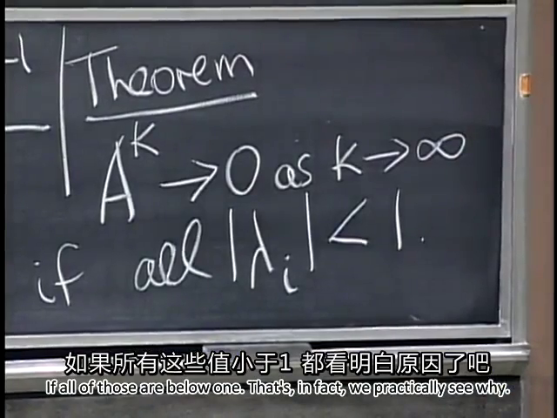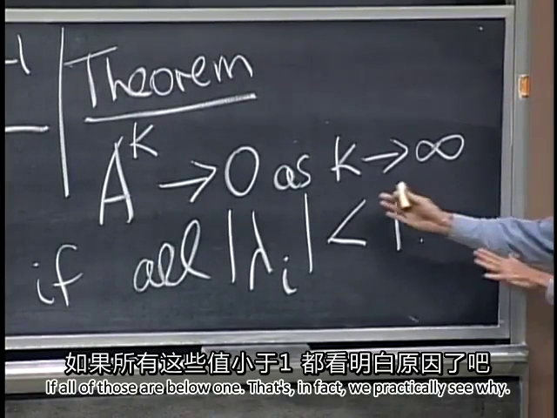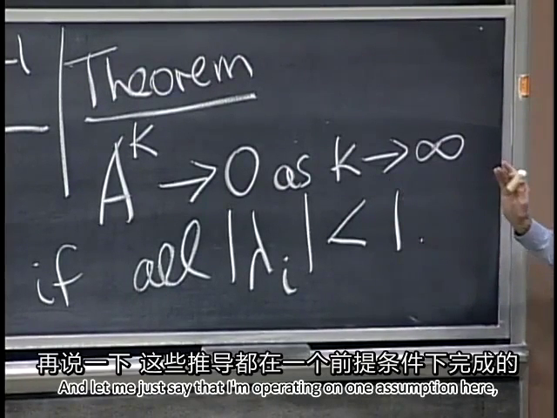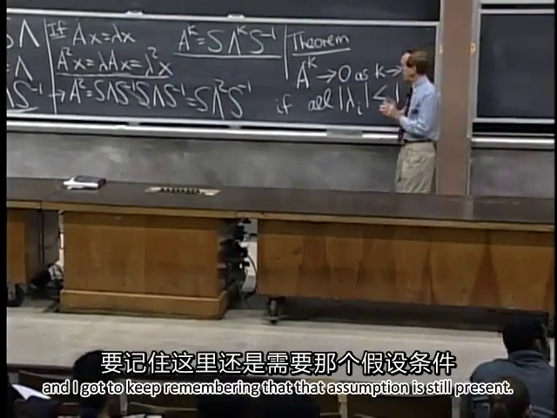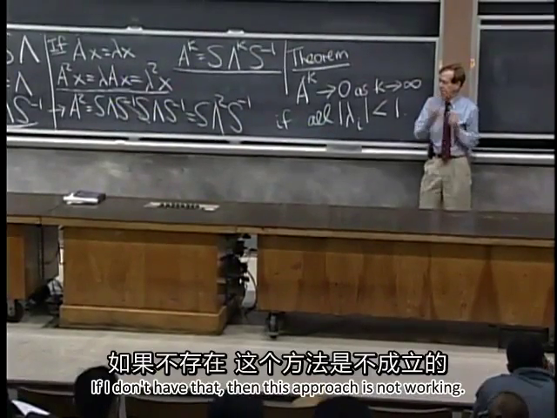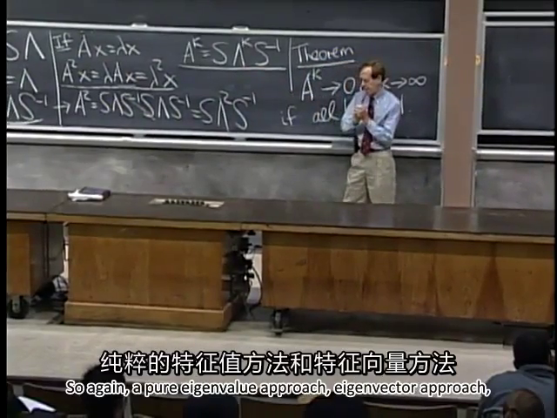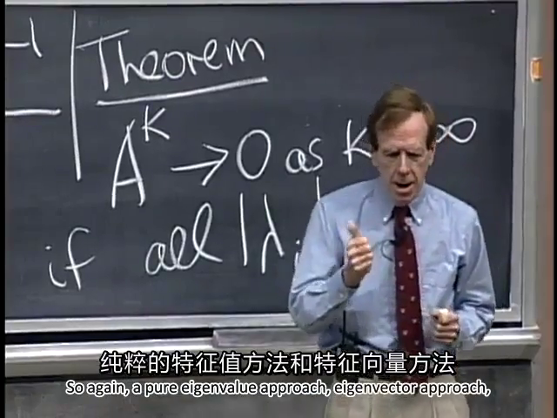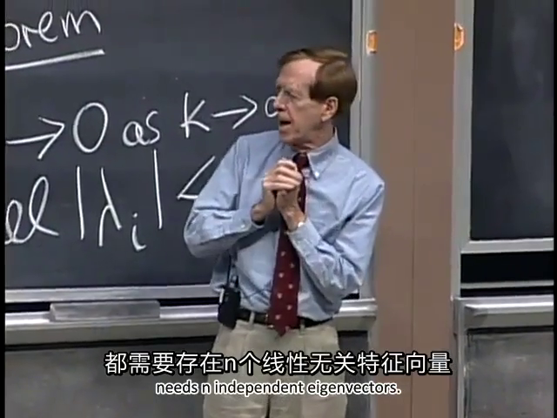That's, in fact, we practically see why. Let me just say that I'm operating on one assumption here, and I got to keep remembering that that assumption is still present. That assumption was that I had a full set of n independent eigenvectors. If I don't have that, then this approach is not working. So again, a pure eigenvalue approach, eigenvector approach, needs n independent eigenvectors.